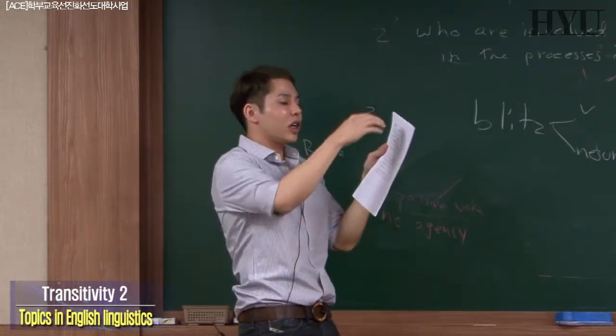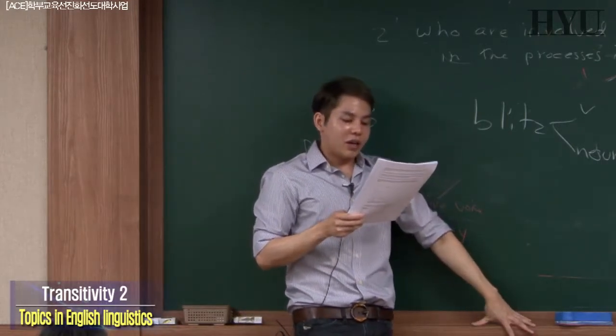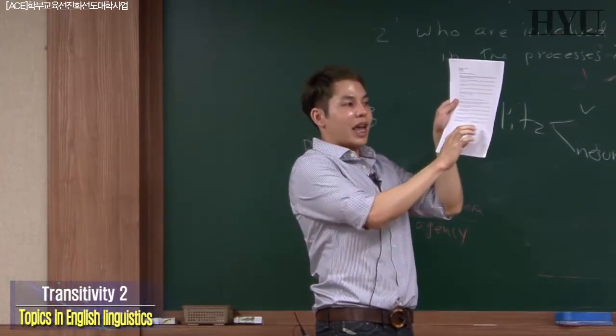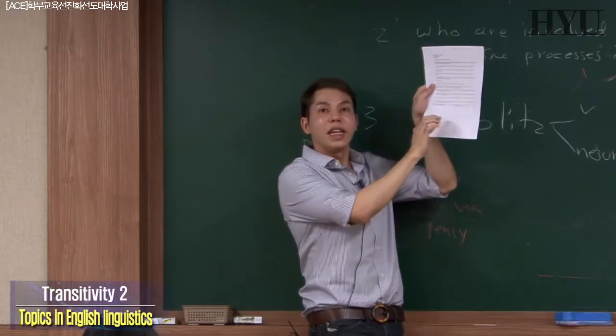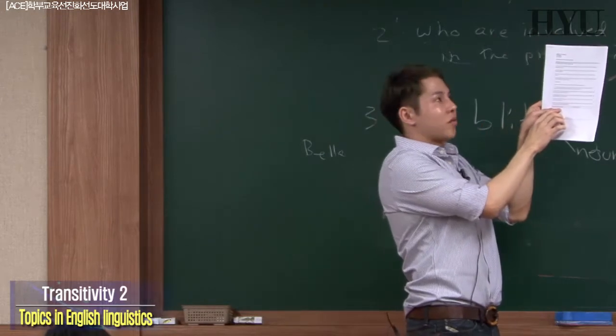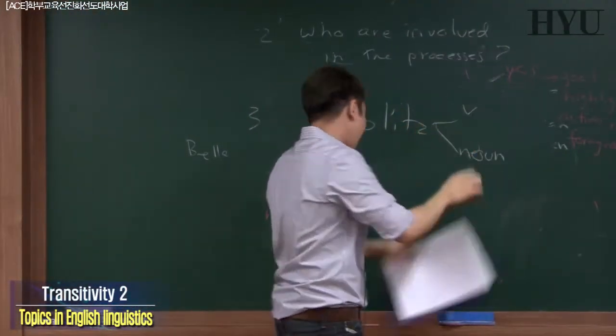So could you look through the story and see what processes are being used in the case of British soldiers and Taliban, and put those processes in the table below, okay? For processes of British soldiers, for example, you can put blitz in the table.